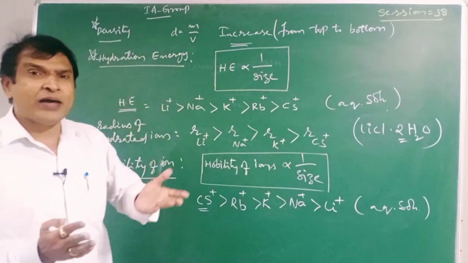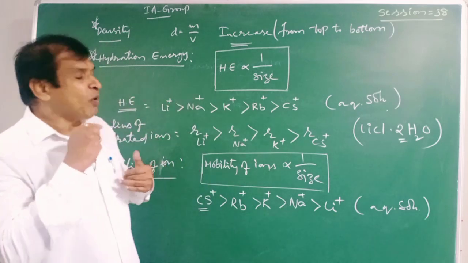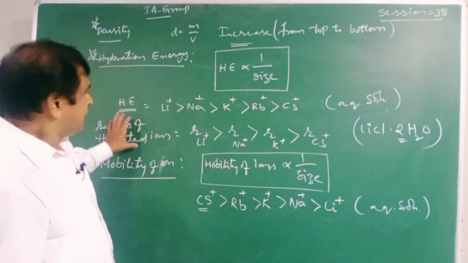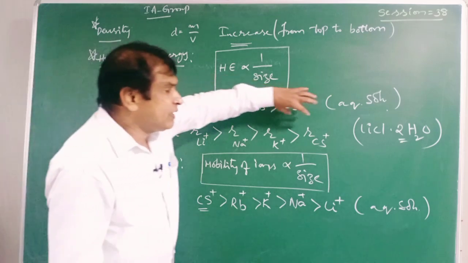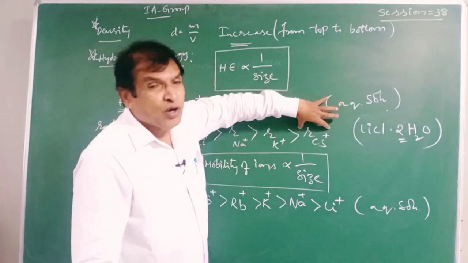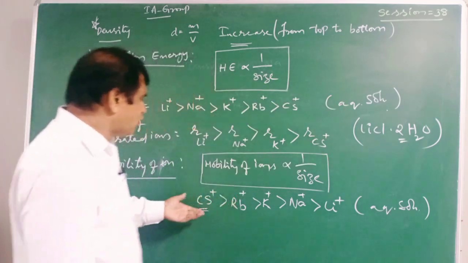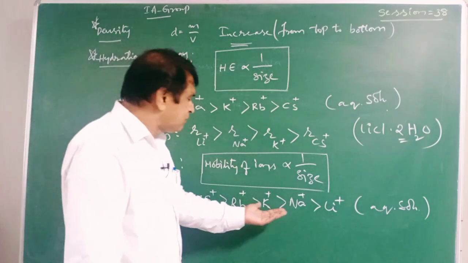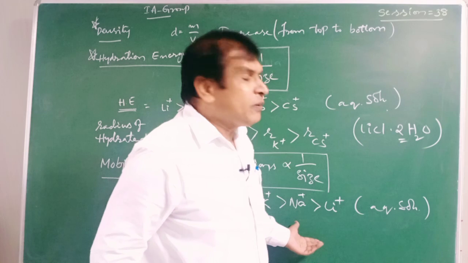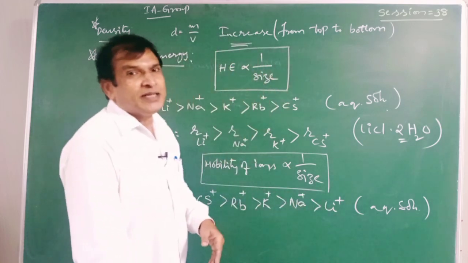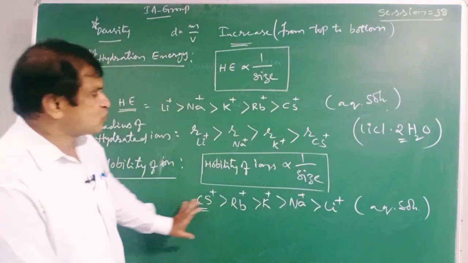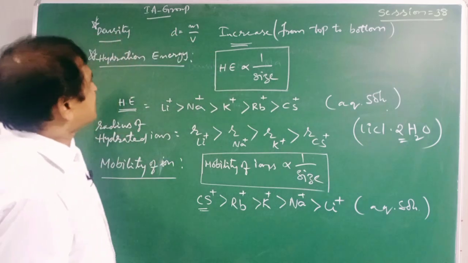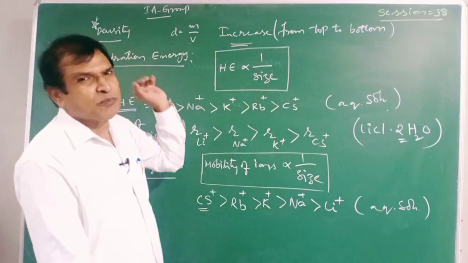Smaller the size of the ion, more mobile, easily mobile. Therefore, in aqueous solution, the radius of the cesium cation is smaller. So the mobility of the cesium ion is greater than rubidium, greater than potassium, greater than sodium, greater than hydrated lithium ions in aqueous solution. This is the concept of hydration energy, a very important concept.